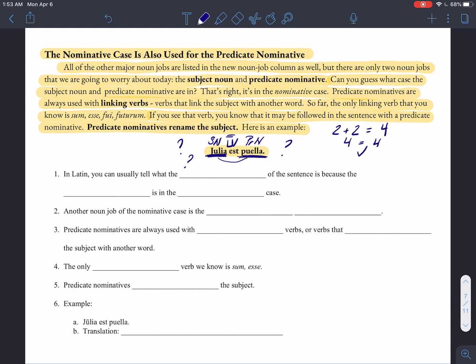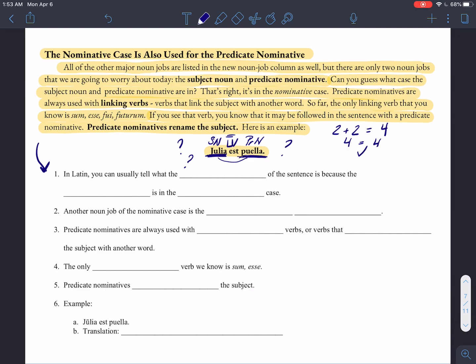We'll go more into detail on what that means a little bit later, but for now, let's fill in our answers here. Number 1. In Latin, you can usually tell what the blank of the sentence is because the blank is in the blank case.